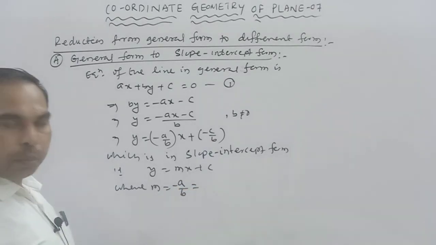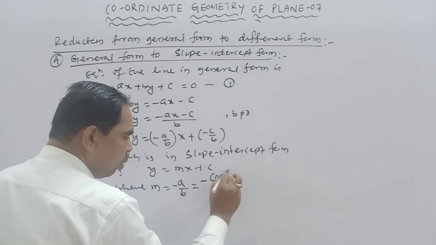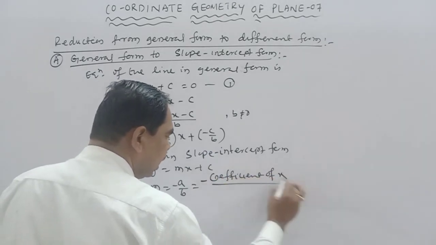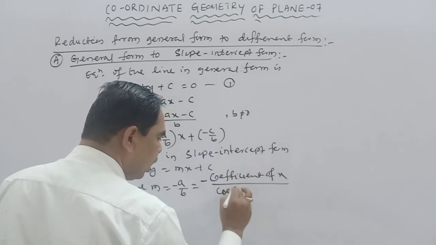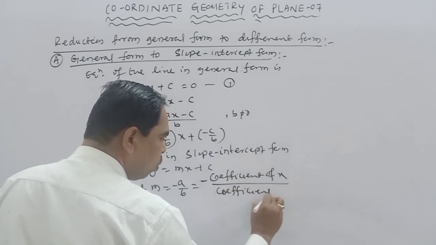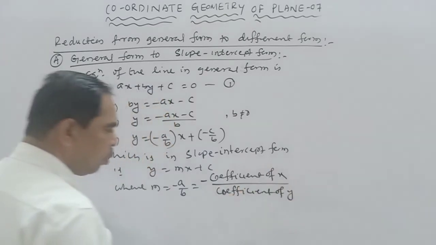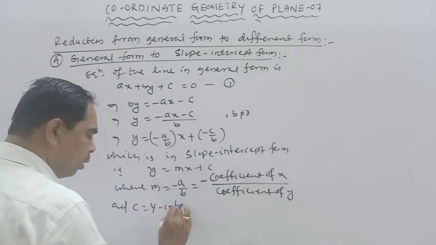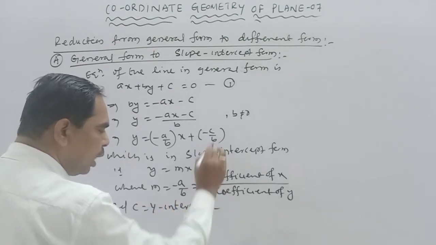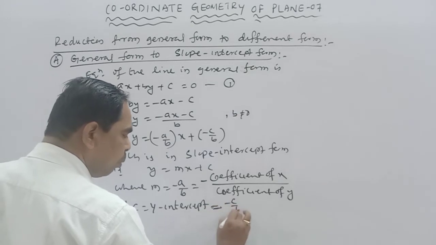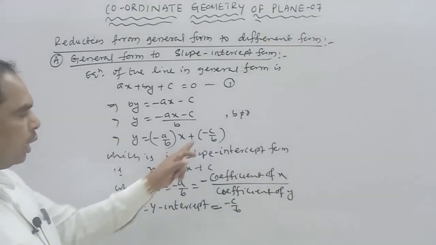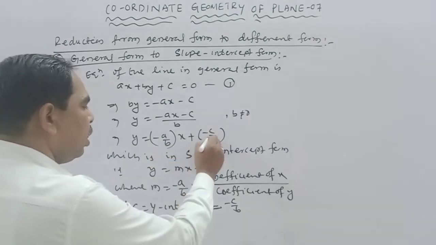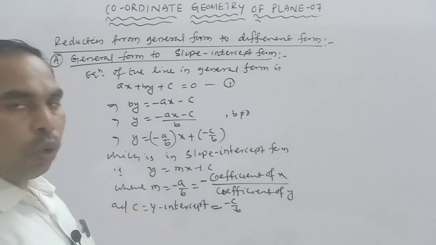Minus a by b means minus coefficient of x divided by coefficient of y. Okay, and c is the y intercept. Y intercept means minus c by b. Y is equal to mx plus c. Okay, this is slope intercept form.